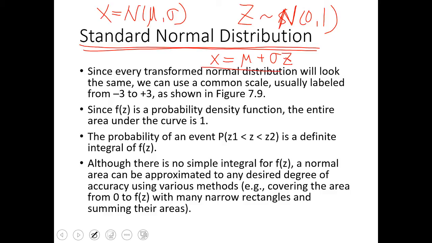Mu plus sigma z. And as you know, the standard normal distribution is given by x minus mu.